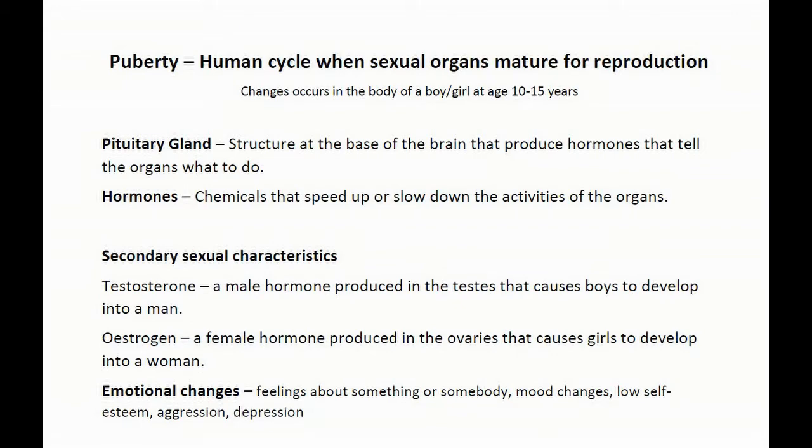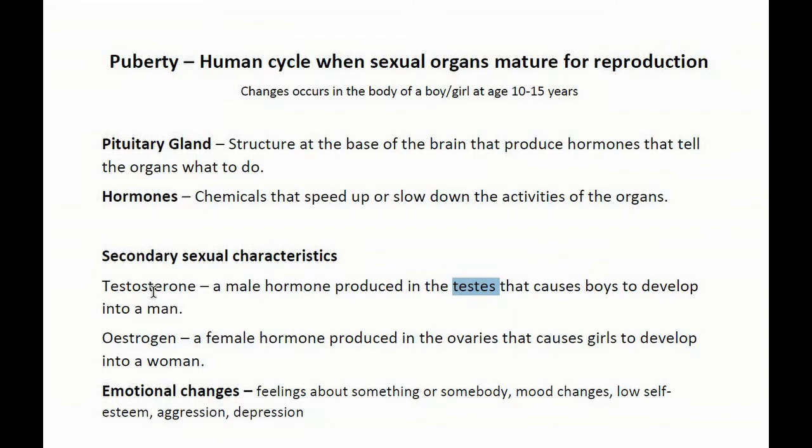So these hormones then create the development of what we call secondary sexual characteristics. In a man, the hormone responsible is testosterone. This is a hormone created in the testis. So just below your penis, there is a bag which we call a scrotum. Inside there are balls that are called testes.